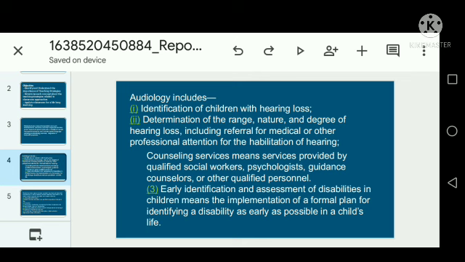So number one is the audiology. So audiology is mo-identify sa mga bata nga naay walay pangdungog. Okay? Determination of the range, nature, and degree of hearing loss. So naay mga degree ana, nature, unsa nga klase, including referral for medical or other professional attention for the rehabilitation of hearing.